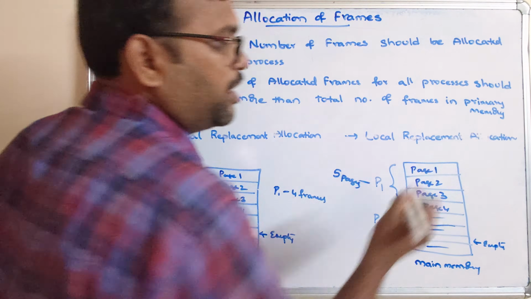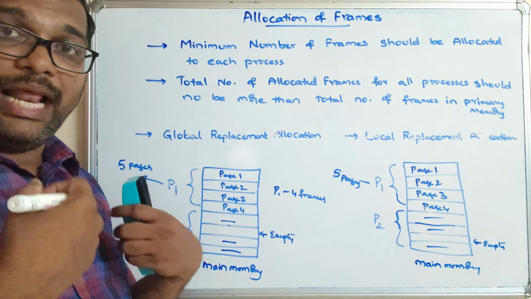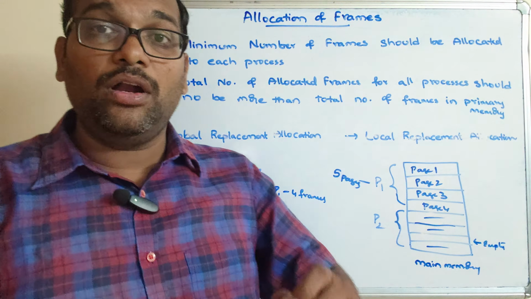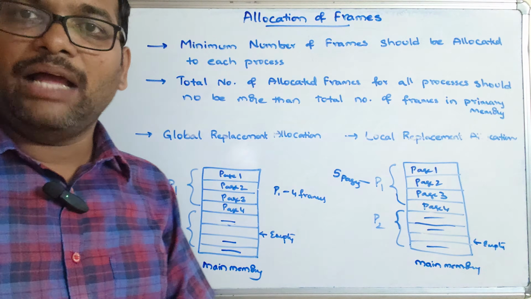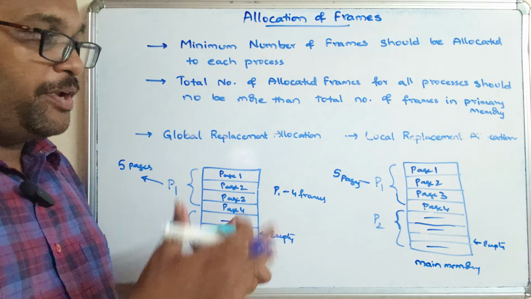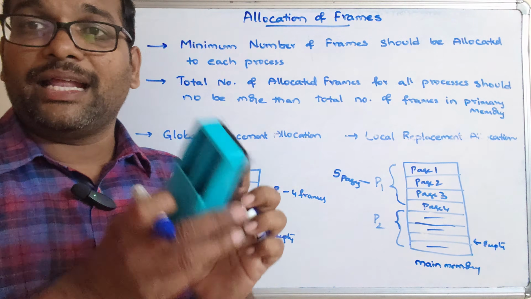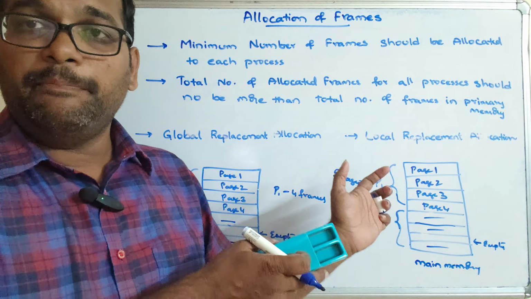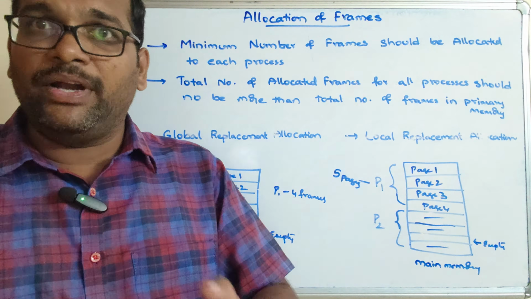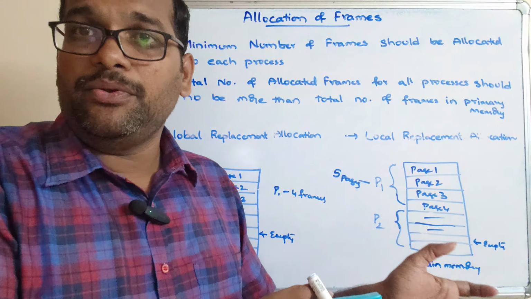This is one more important point. Whatever frames we are allocating to the processes should not be more than the available frames. Previously we have seen the total number of frames is 30. Among 30, only 10 frames have been allocated to P1 and 20 frames have been allocated to P2.